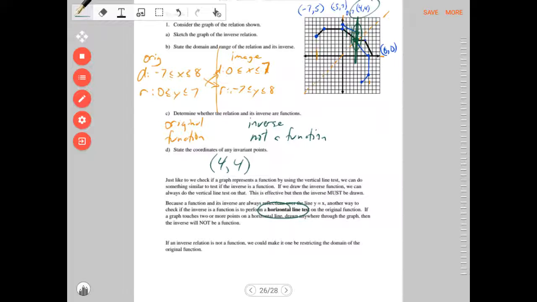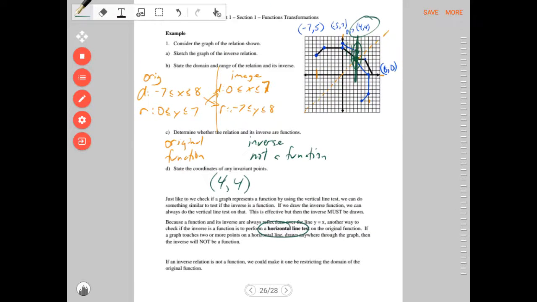So tell you what, guys, I'm going to scroll up here and I'm going to erase all this stuff. And it's recording, so you can always rewind and get it back if you want. But I just want to illustrate what that means. Okay, so look, the vertical line test, it doesn't touch any more than just one point, so the original is a function.